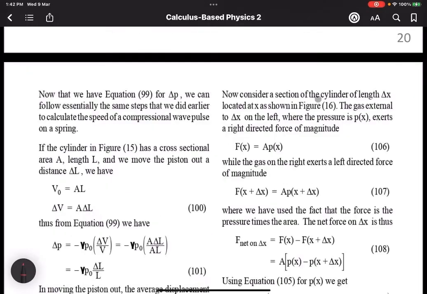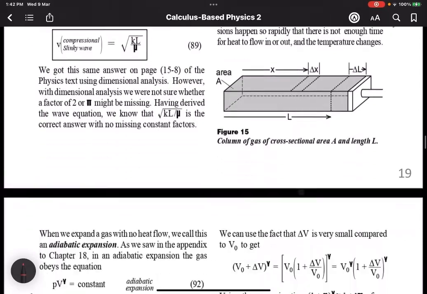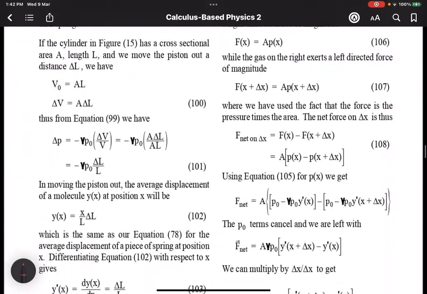Now, consider a section of the cylinder of length Δx. Let us apply our derived formula.